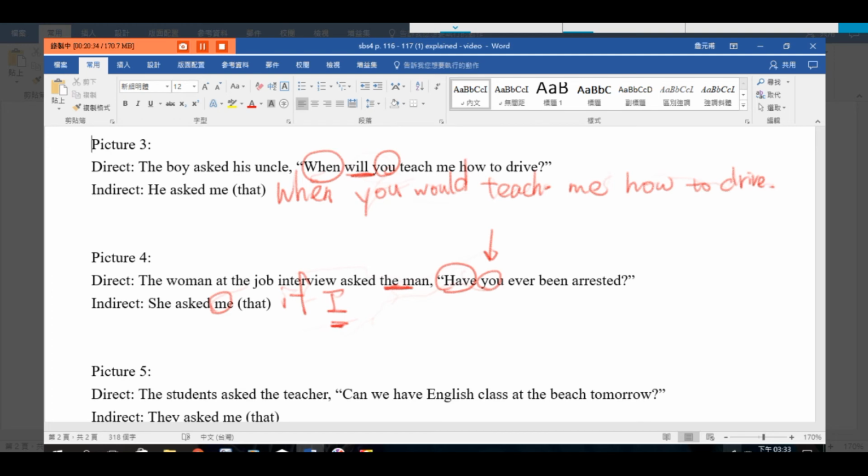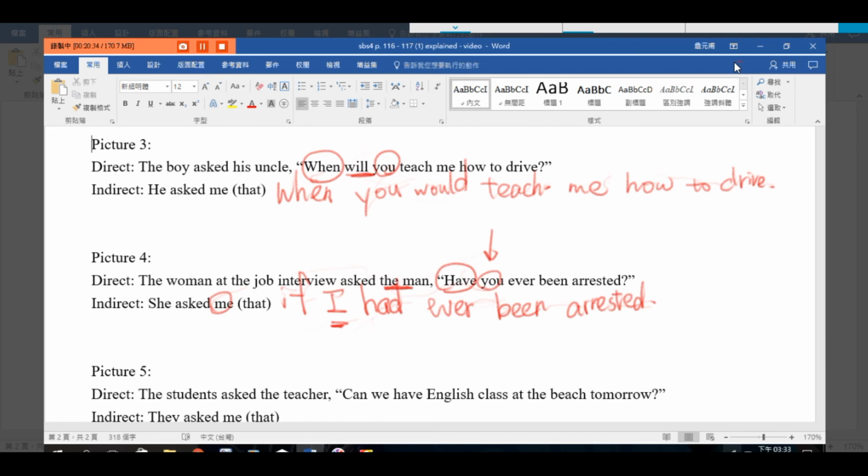So if I, the past tense of have is had. So present perfect tense into past perfect tense. If I had ever been arrested. So that's it: she asked me if I had ever been arrested. So that's the answer for picture number 4.